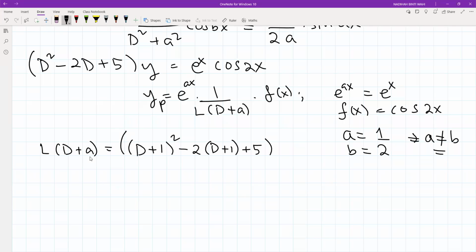Sebab A adalah 1. So this will be D kuasa 2 tambah 2D tambah 1 tolak 2D tolak 2 tambah 5.